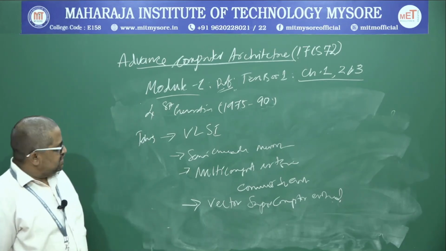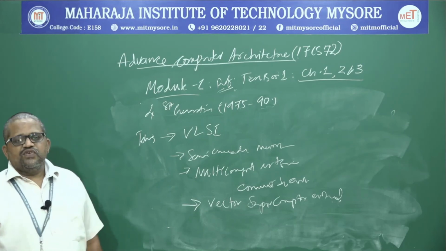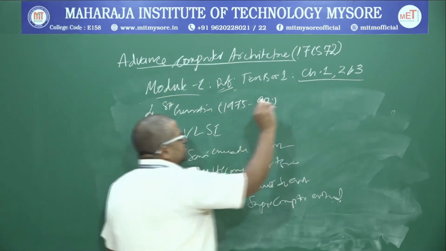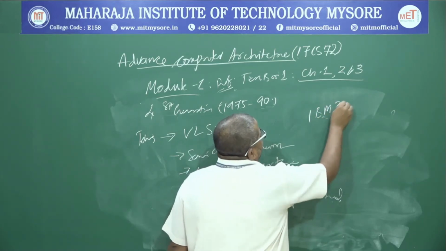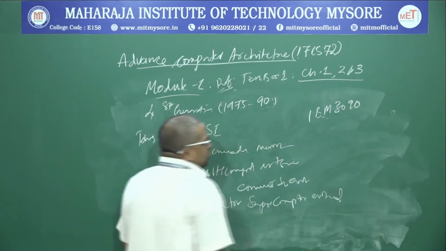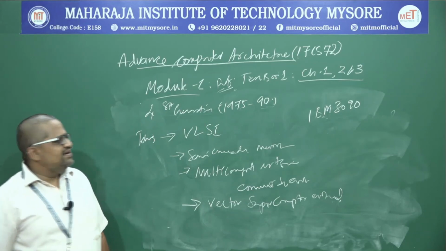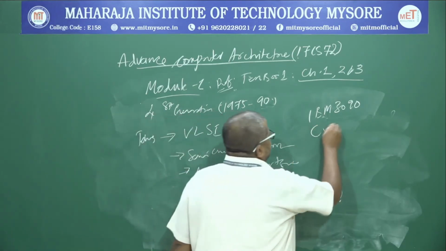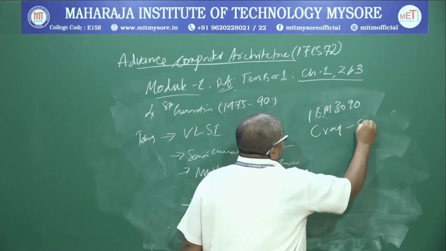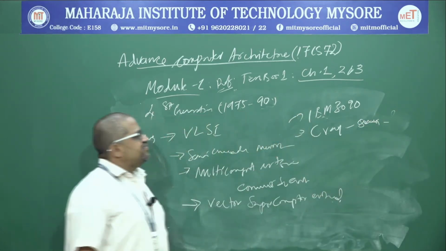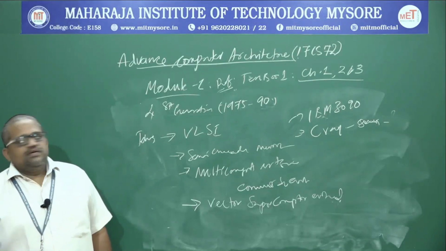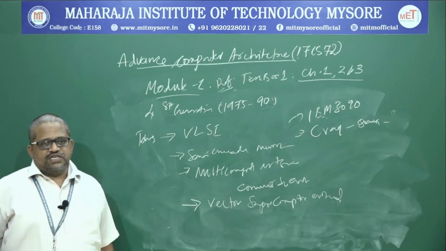Some examples of this are the IBM 3090 model and the Cray series. These are some of the examples of computers from the fourth generation.